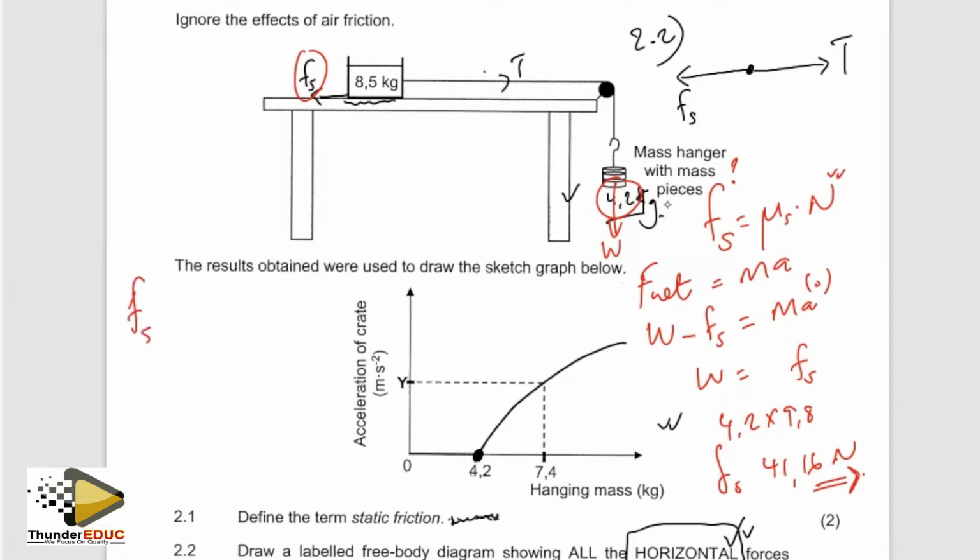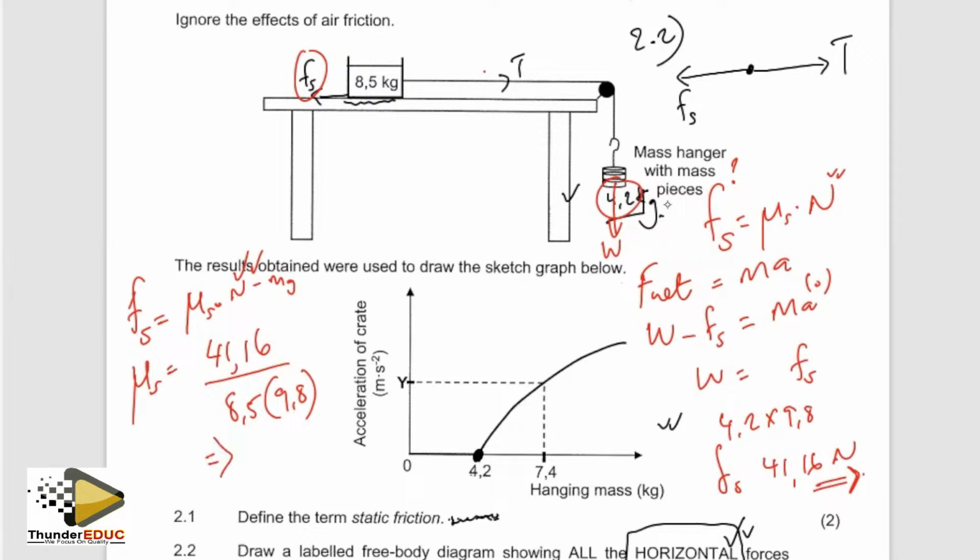So we're saying Fs is μs multiplied by the normal reaction, which means the coefficient that we need is 41.16 divided by the normal force, which is the mass and then the acceleration due to gravity. So I'll say it's 8.5 multiplied by 9.8. I'm not including the 4.2 because this static friction is just between the crate and the surface.